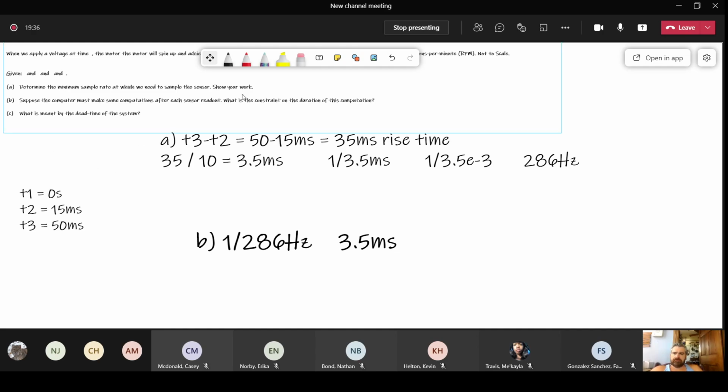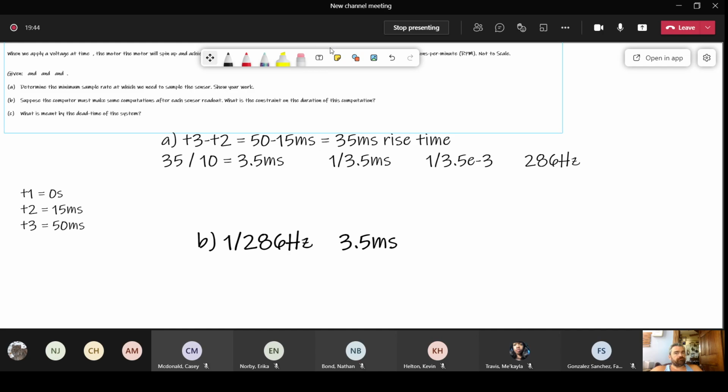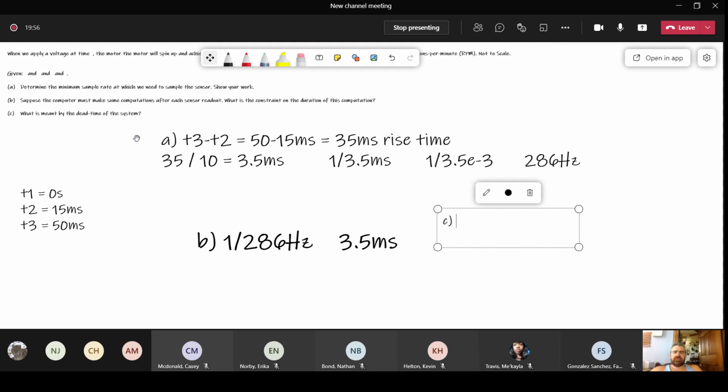Part C. What is meant by the dead time of the system? So like I said in the review session, you can either describe that in words or in an equation.